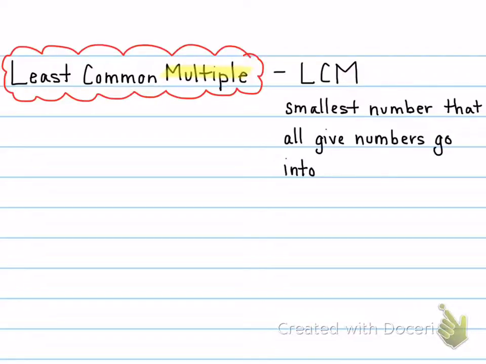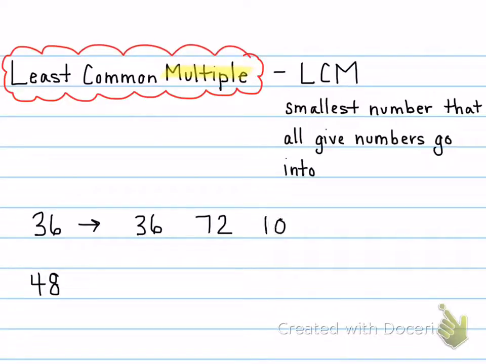So let's use the same two numbers that we had. If we work it with 36 and 48, if I'm finding the least common multiple, I have to write all of the multiples of 36. So I start with 36, because 36 times 1 is 36. 2 times 36 is 72. 3 times 36 is 108.